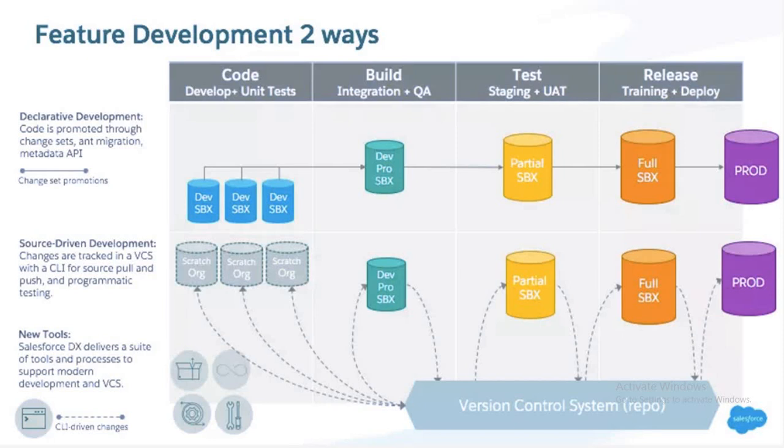You develop on your org, and you push all your changes to the repository. From then on, whenever you want to push to a higher environment, or move your changes to a higher environment, you push from your repository. So here your source of truth is your repository, not your org.